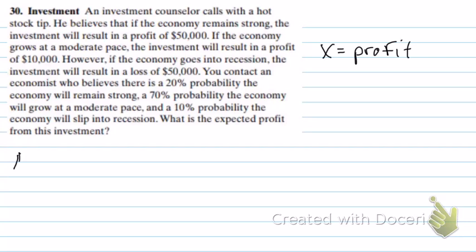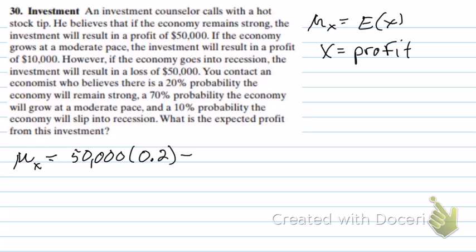That means the average, the expected value, and sometimes you'll see that abbreviated like this, E of X. That's the same as the mean of X. This mean of X is what? Well, 50,000. What's its probability? What's the likelihood that the economy is going to remain strong? Okay, so 0.2, 20%.